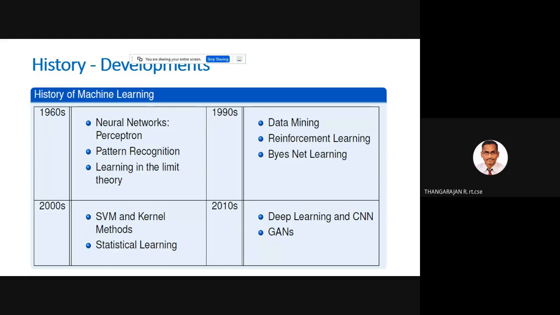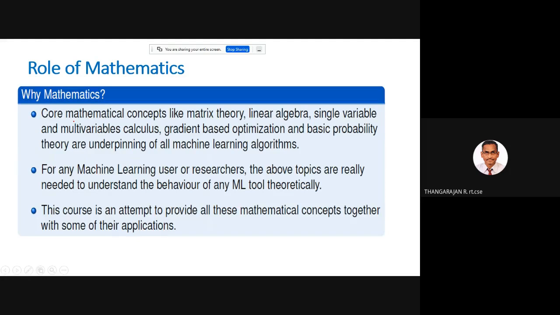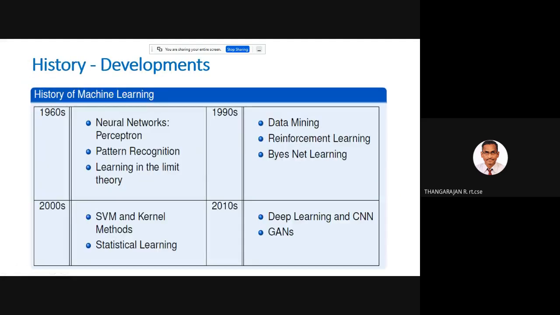Next is the history of development. You can just have a look at it. As I told you, from the 1960s onwards you have this concept of neural networks, pattern recognition and learning in the limit theory.